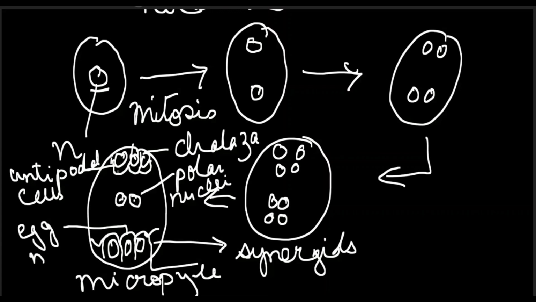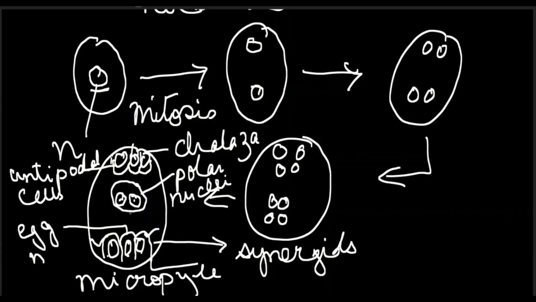That means 1, 2, 3, then on this end 1, 2, 3, that means 6, plus this. Now these polar nuclei will be surrounded by a single wall when it matures. So inside the megaspore there are a total of 7 cells.